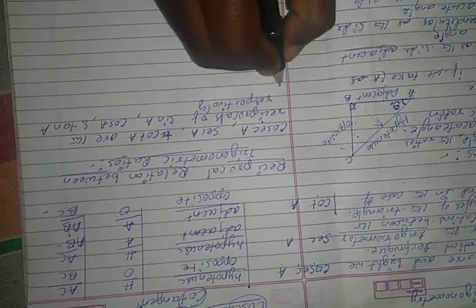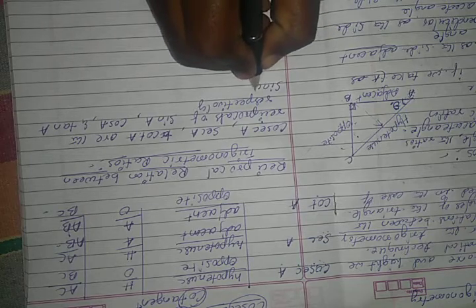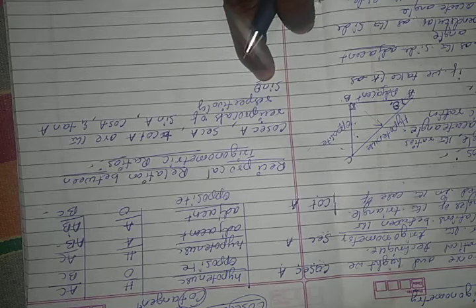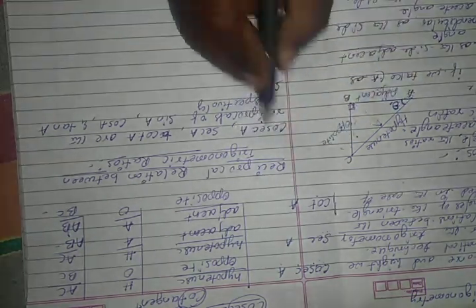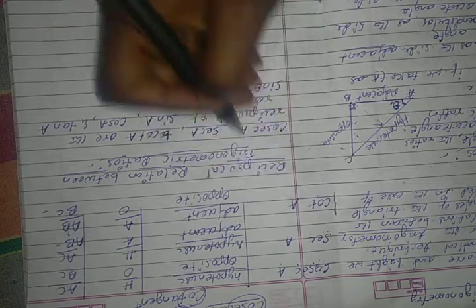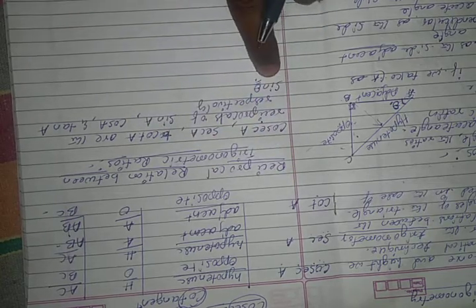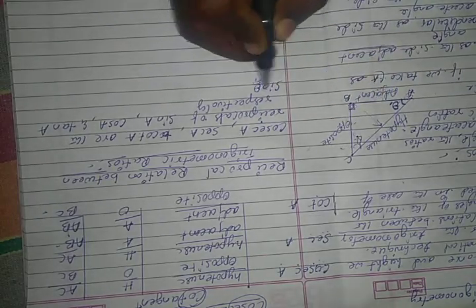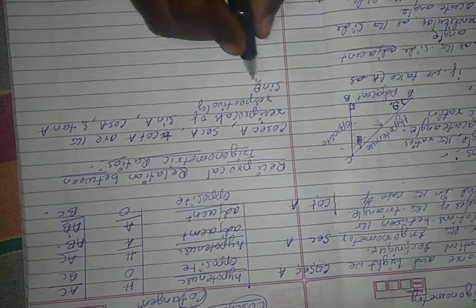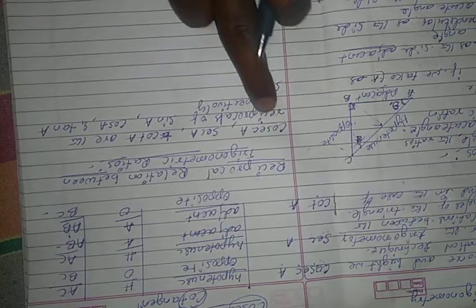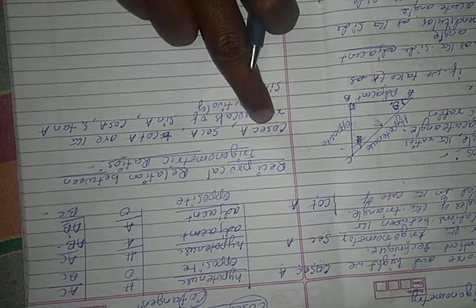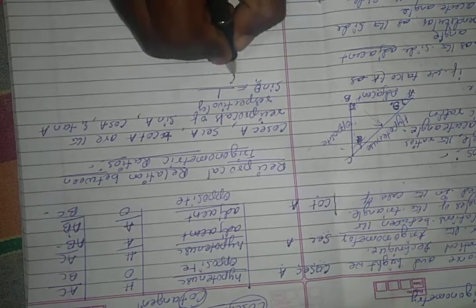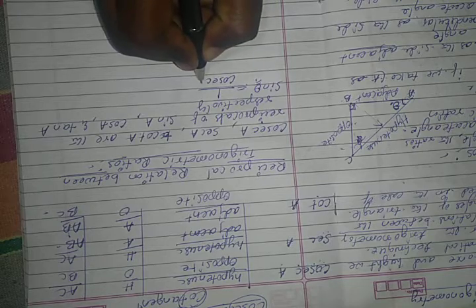Let us see the ratios. Sin theta, where theta means an acute angle. You can replace theta with A, B or C. Already we know that sin theta is the reciprocal of cosecant theta. So sin theta is equal to 1 divided by cosecant theta.